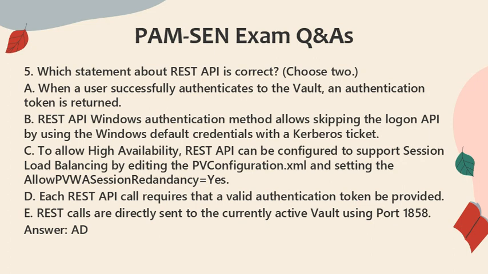C. To allow high availability, REST API can be configured to support session load balancing by editing the PVConfiguration.xml and setting AllowPVWASessionRedundancy equals yes. D. Each REST API call requires that a valid authentication token be provided. E. REST calls are directly sent to the currently active Vault using port 1858. Answer: A, D.